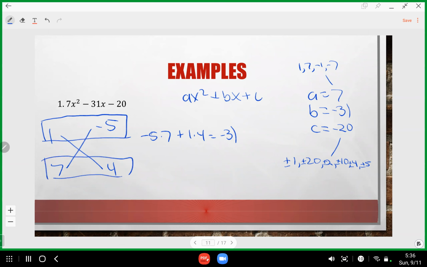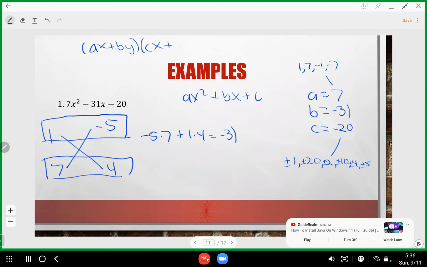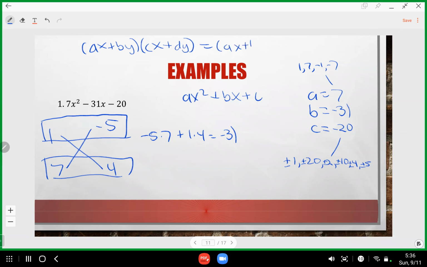Now, y is non-existent right here. Y is 1, so we don't need to add a y term. The formula is ax plus by times cx plus dy, but y equals 1, so it's just ax plus b times cx plus d.